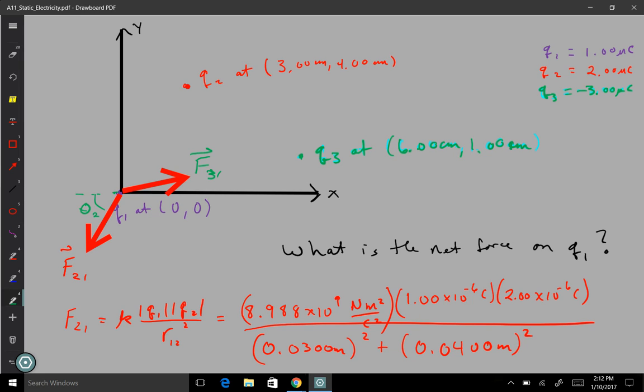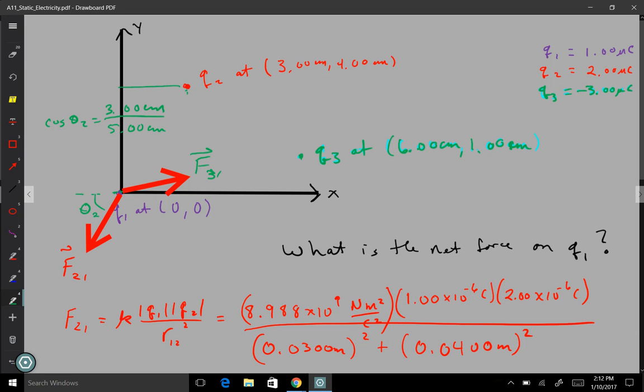Cosine of theta 2 is equal to the adjacent side, which is 3 centimeters, divided by the hypotenuse, which is the square root of 3 squared plus 4 squared. We could all do that in our heads. So cosine of theta 2 is 3/5.